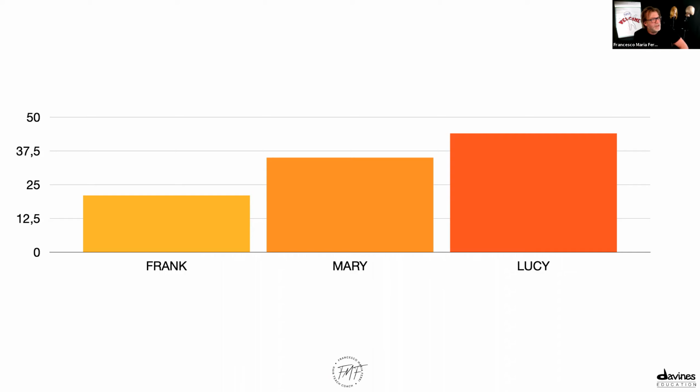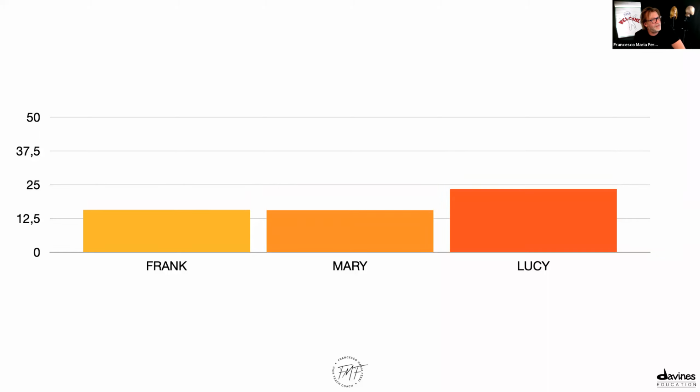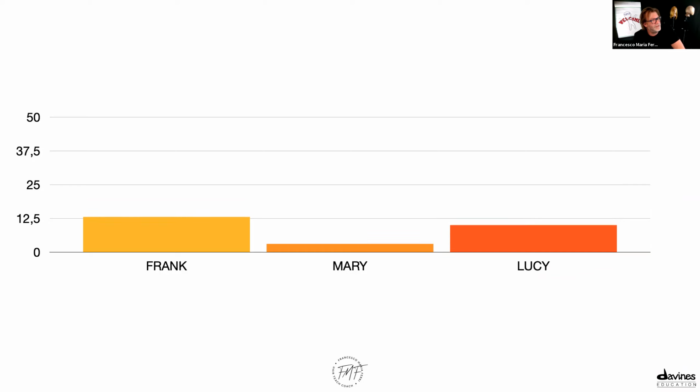So even though Frank was the lower one before, at the end of this campaign, he is the one who made the hardest growth. And so he's the one going on vacation.